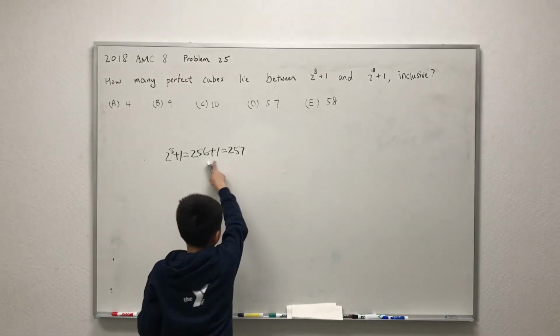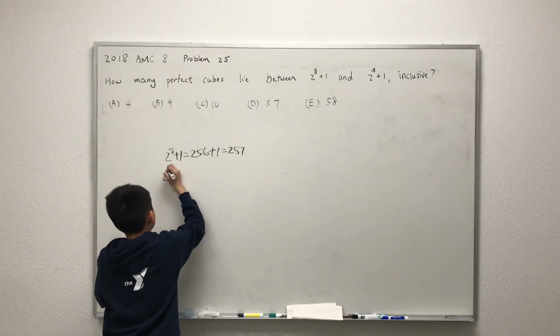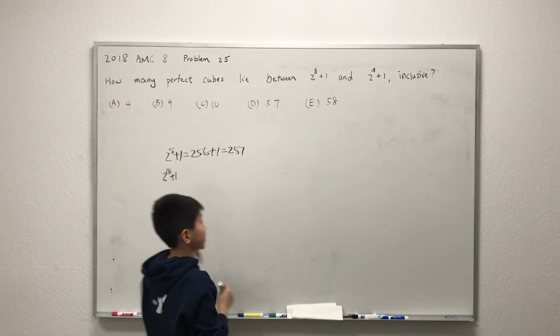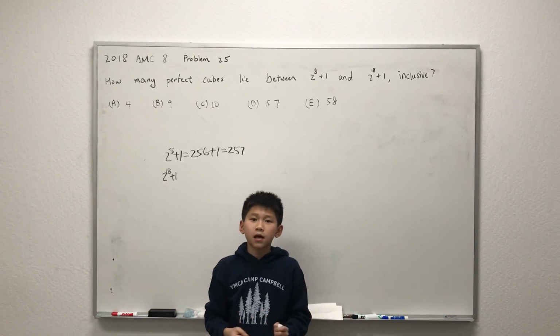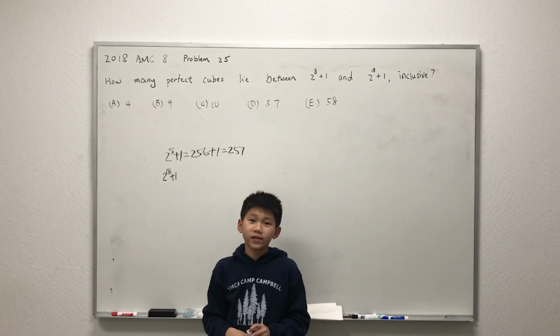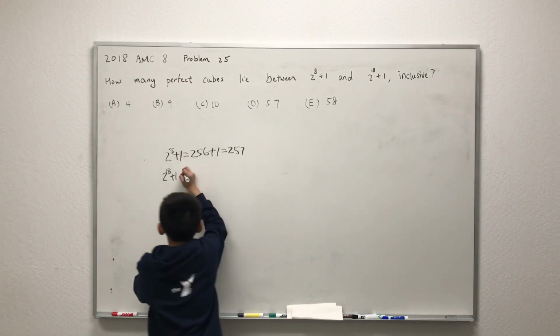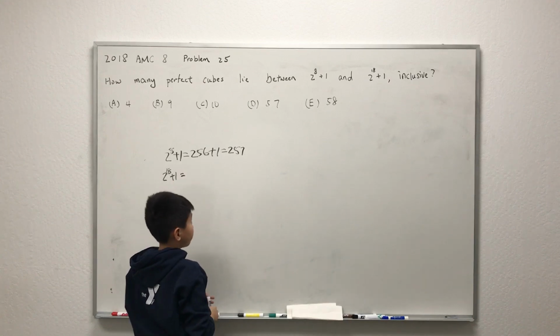So now we have the lower boundary. Let's find the upper boundary, 2 to the 18th plus 1. Now, this is a big number, and many people only memorize up to 2 to the 10th. And even if you were able to calculate this, it would be too big for you to find the number of cubes between 257 and that big number.